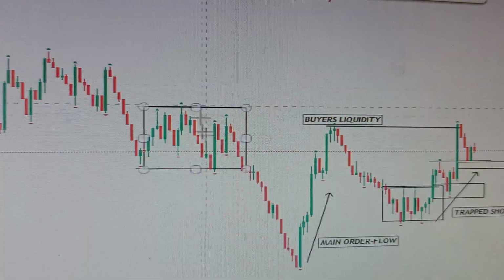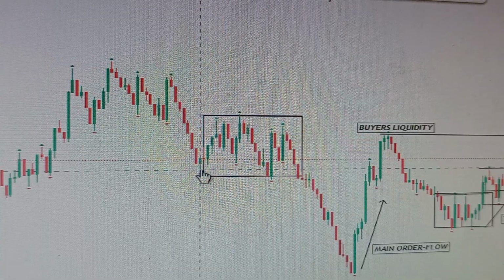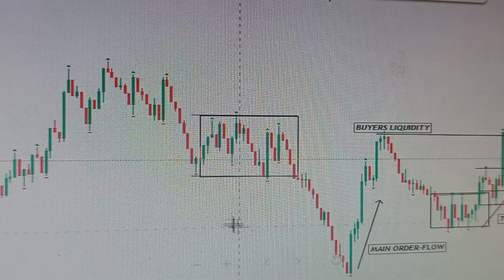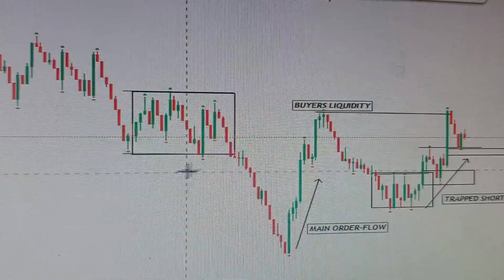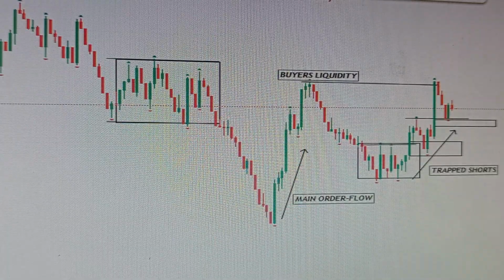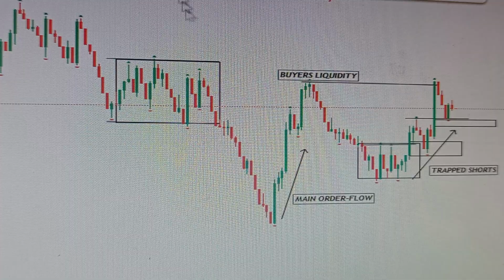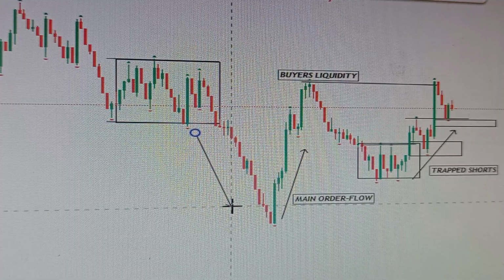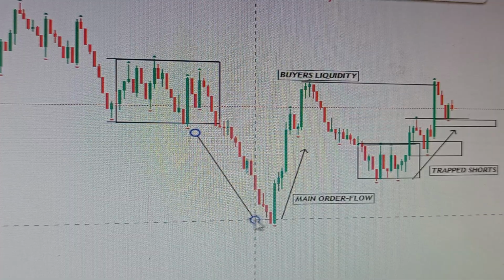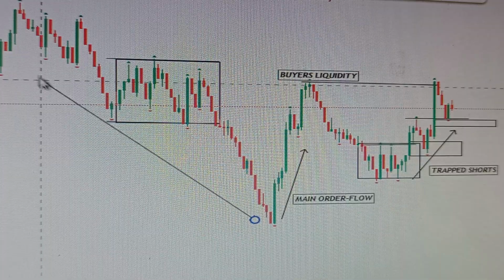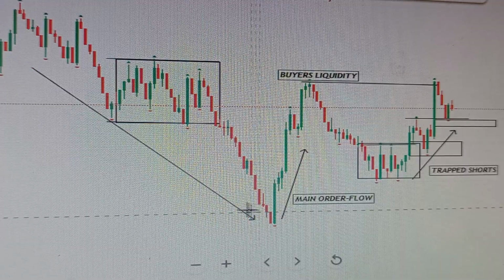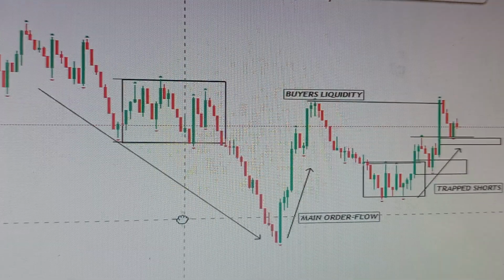So right here, on this structure, the market was also creating liquidity, the liquidity that it was sure it was going to take. You can see that this order flow here also tells us that the majority of the price sold out for a very long time.